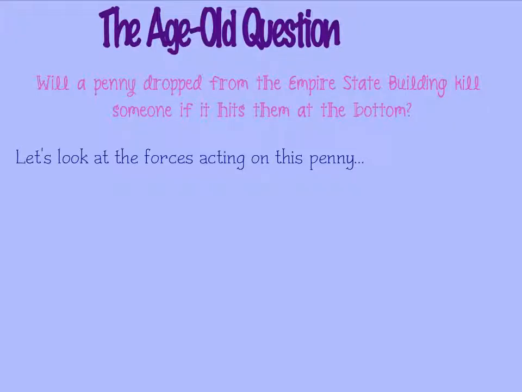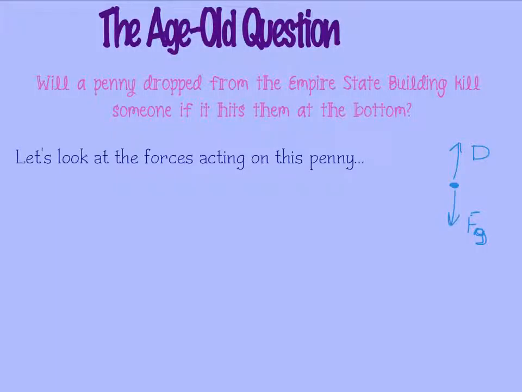We'll start by looking at the forces on that penny. Well, if we were to draw a free body diagram for that penny, we know that we'd have the force of gravity acting downward. And now, of course, because we are dealing with drag force, if the penny's going downward, we have a drag force acting upward.